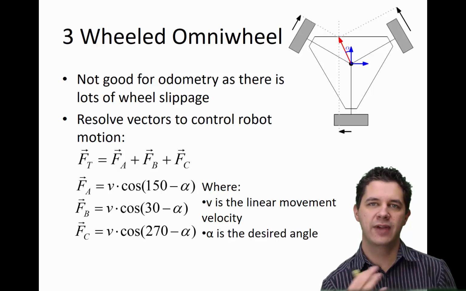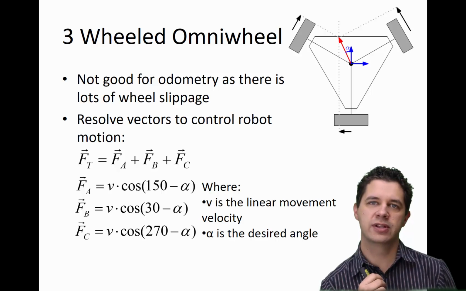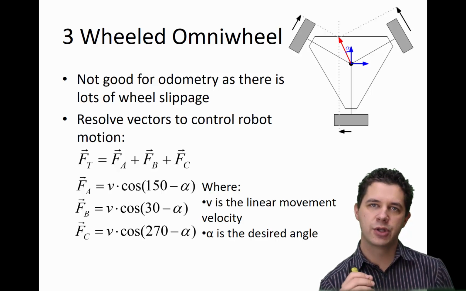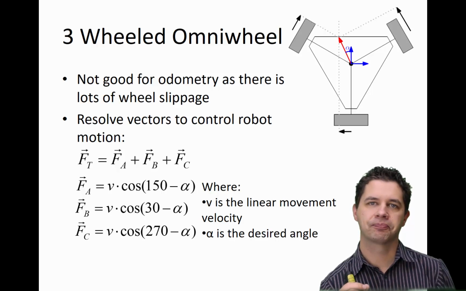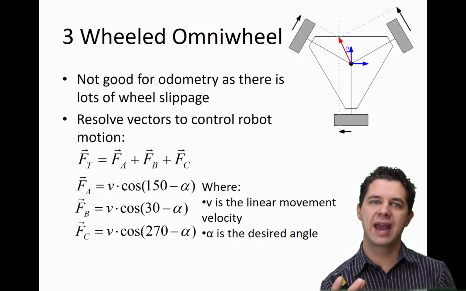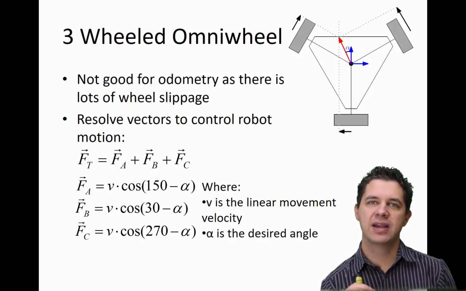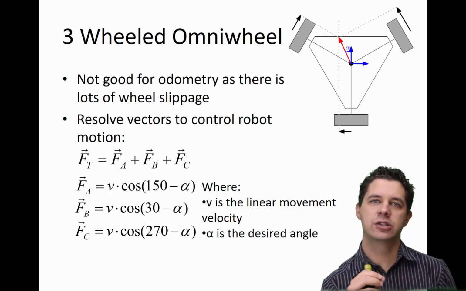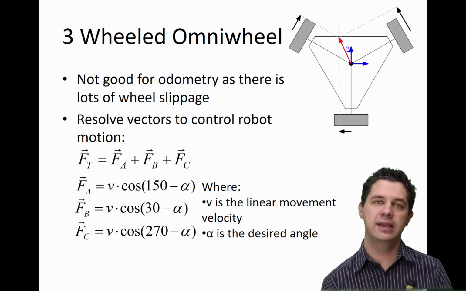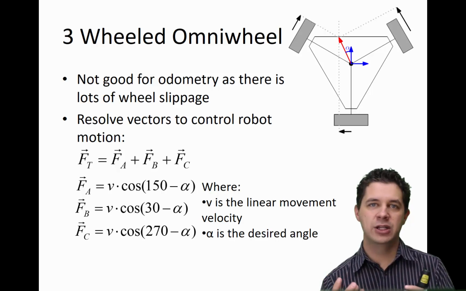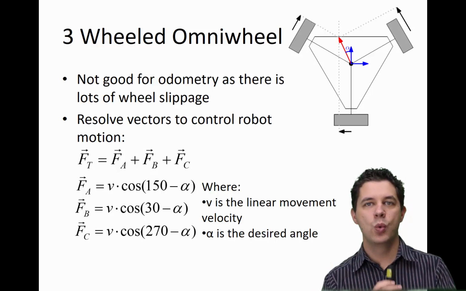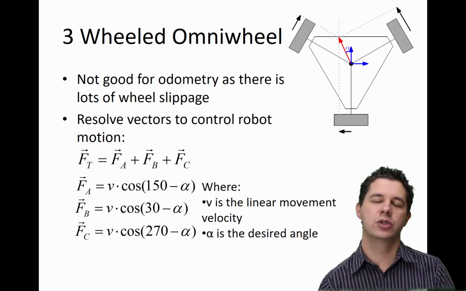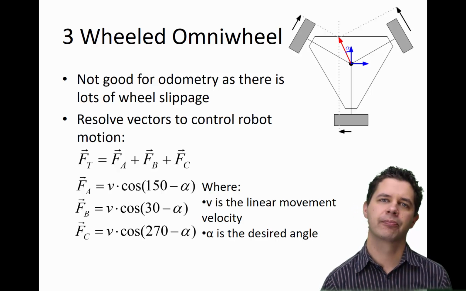So here we plot a vector FT, which corresponds to the red line there, and that's made up of vectors resultant from each of those wheels, FA, FB, and FC. We can very easily work out what FA, FB and FC are based on the angle that our vector relates to. One thing to note though is these aren't particularly good for odometry because by nature, with all these little wheels inside them, wheel slippage has to occur to actually make this even possible.